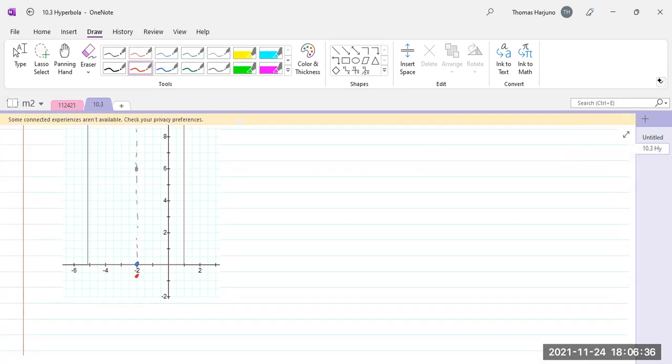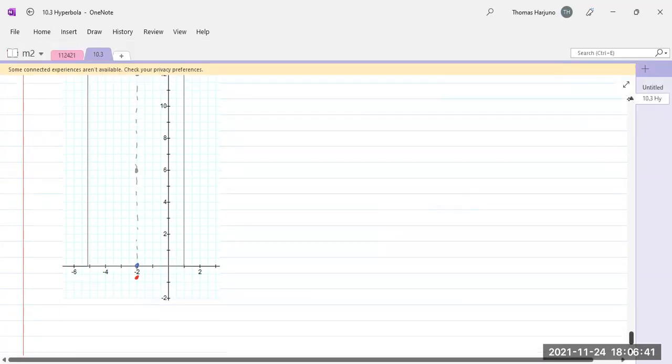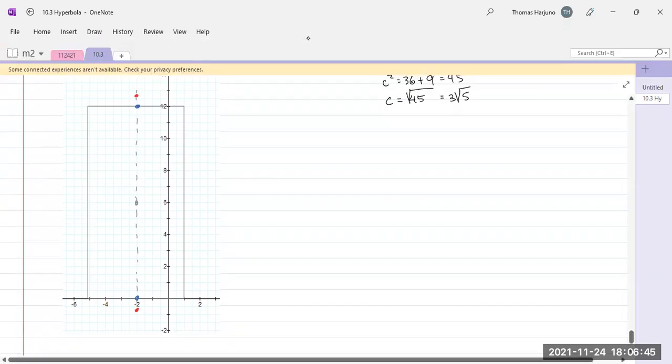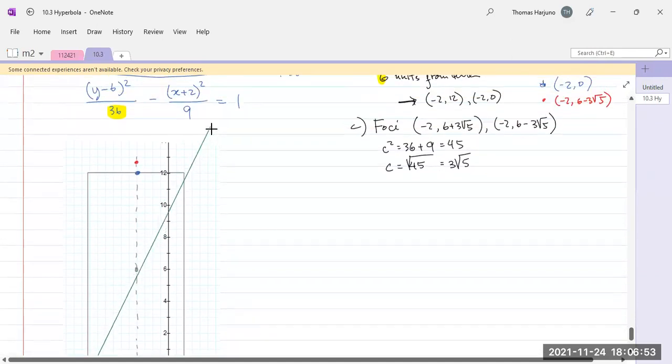I still need the asymptote though. The asymptote will be approximately like this.